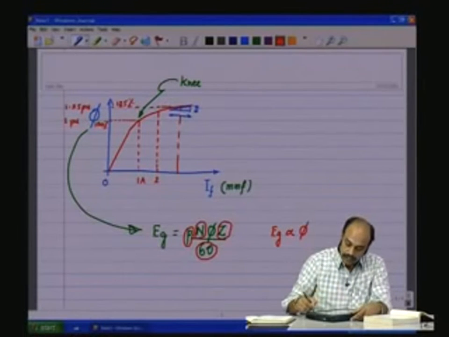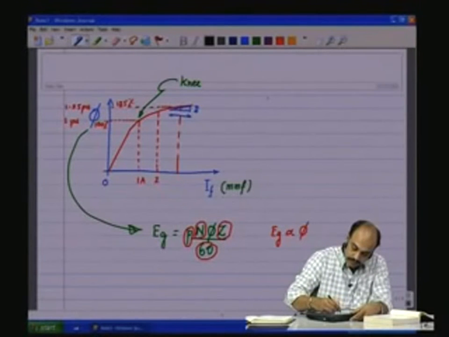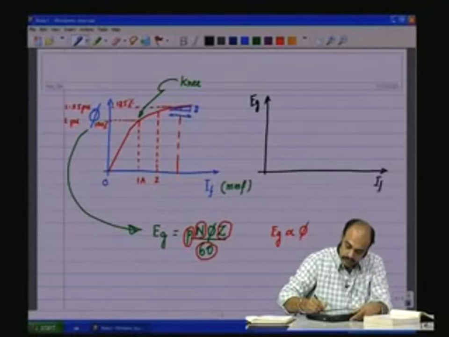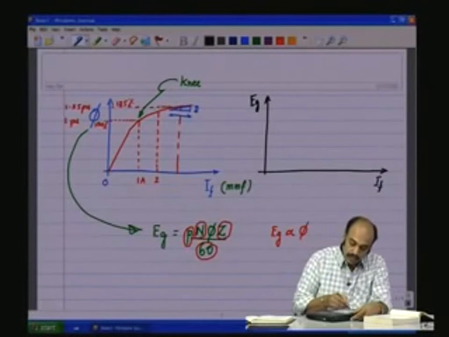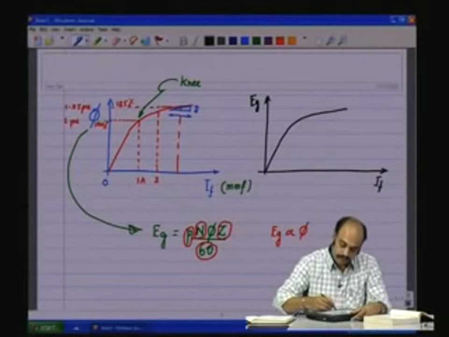So, now if we plot the generated EMF E_g versus the field current I_f, it will be more or less the same, because E_g is proportional to phi, you will get a curve which looks like the phi versus I_f curve.